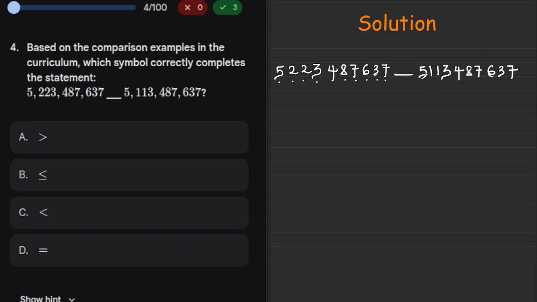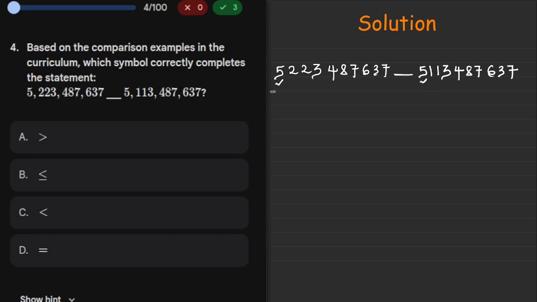Then this on the other hand has 1, 2, 3, 4, 5, 6, 7, 8, 9, 10. That is the first check. Assuming one had more digits than the other, then the one with the greater number of digits becomes the greatest. But since in this case they all have the same number of digits, we now compare the corresponding digits. So what I mean is we are looking at the corresponding place value. We have 5 over here, and then there's also 5 over here.